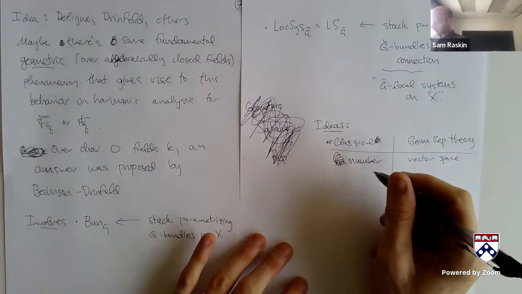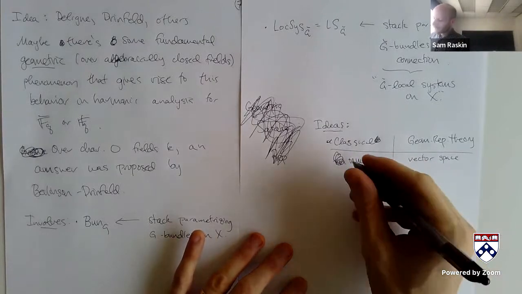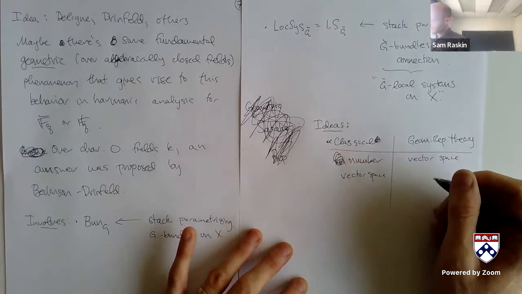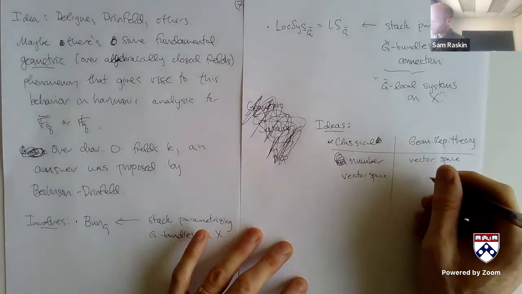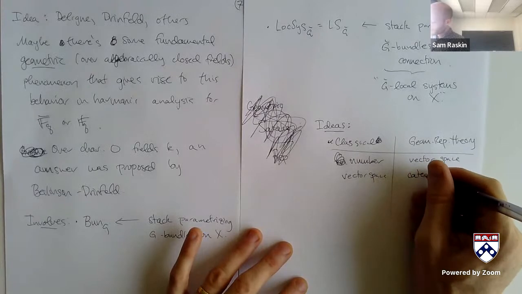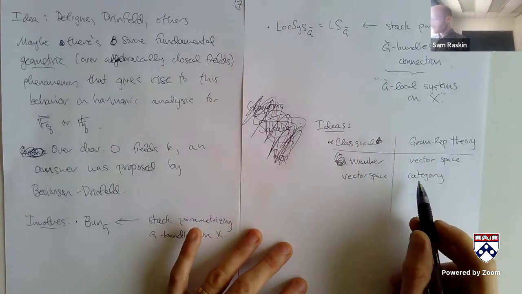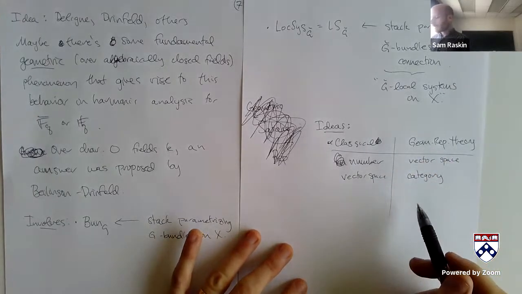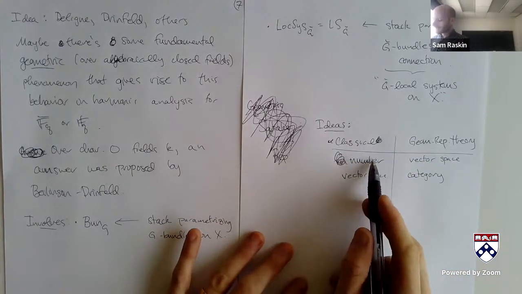And if I stick a bunch of numbers together, then I get a vector space. What I'll see over here in geometric representation theory instead is going to be a category. And usually the category will be linear over whatever field was implied here, or here in the number.